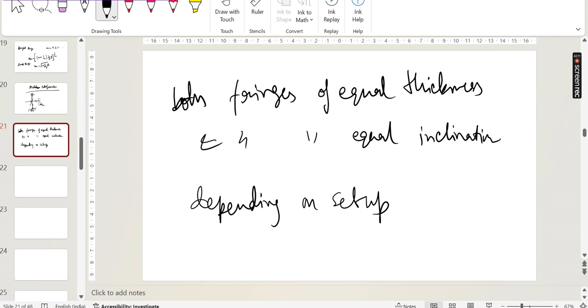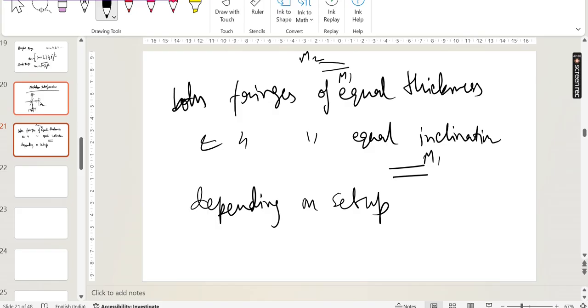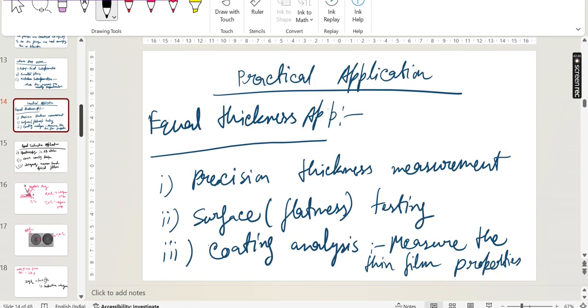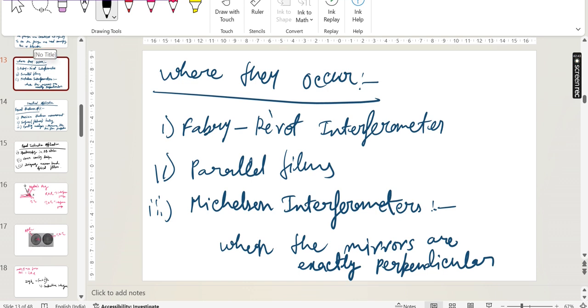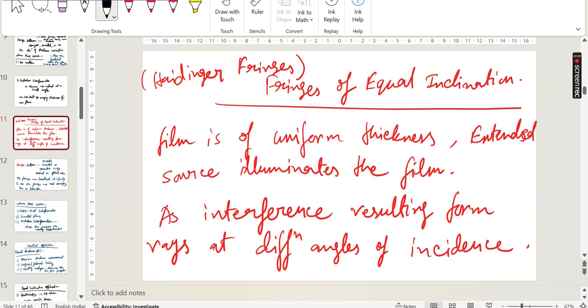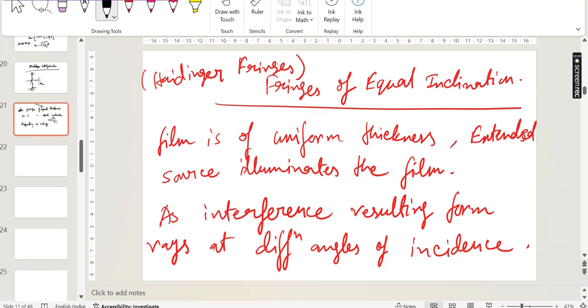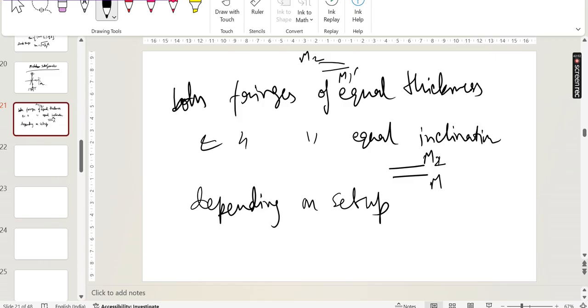For equal thickness, M1 and M2 are at an angle, and for equal inclination, M2 and M1 are perpendicular.